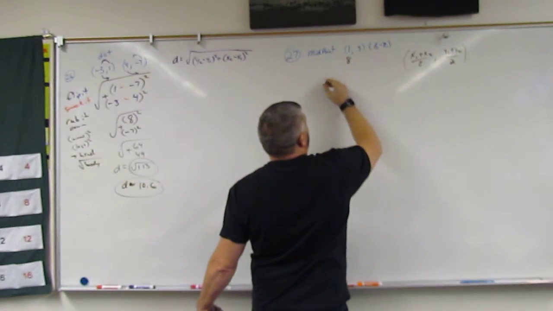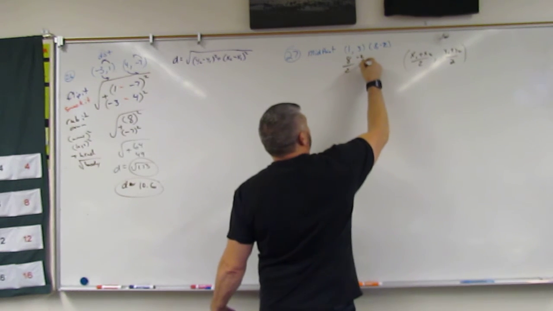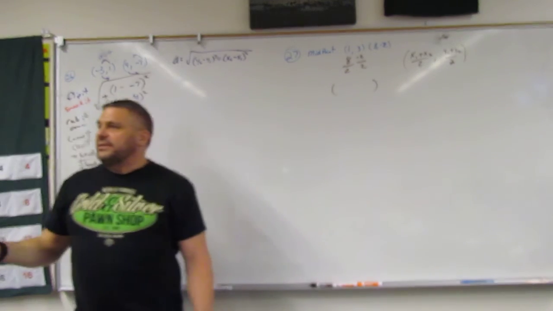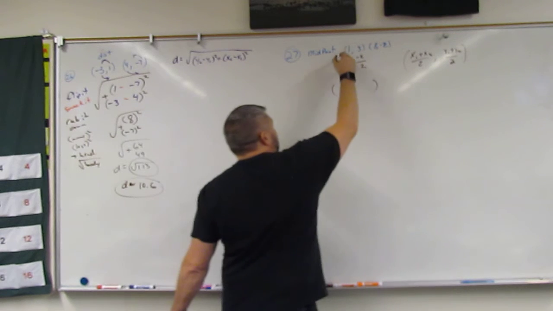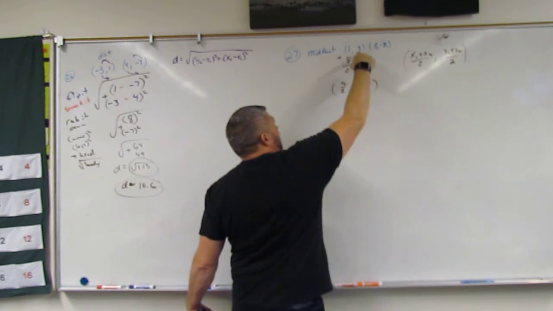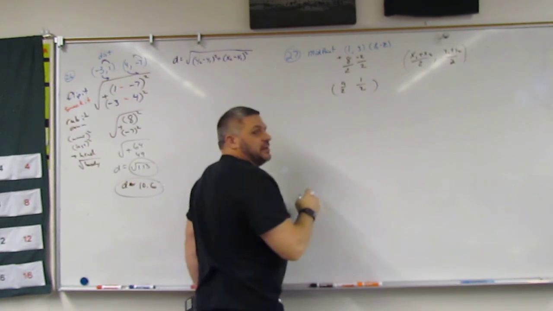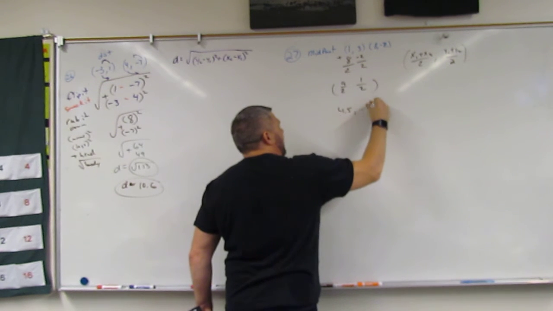I could just write 8 over negative 2, and then say divided by 2, and then divided by 2. And those would be my new coordinates. Does that make sense? And then we're just adding those pieces. So 1 and 8 is 9. And 3 and negative 1 is 1. And so that's really 4.5 and 0.5.